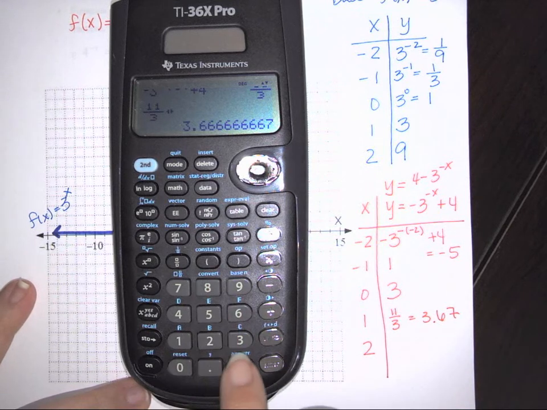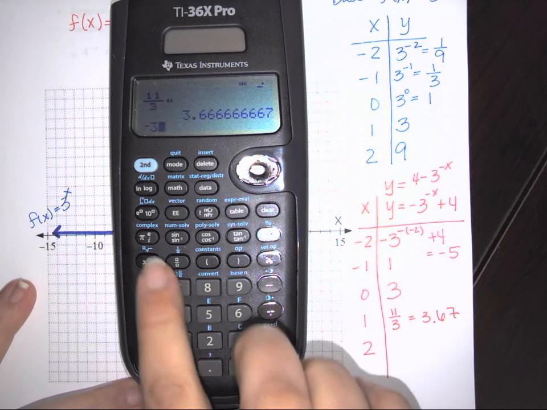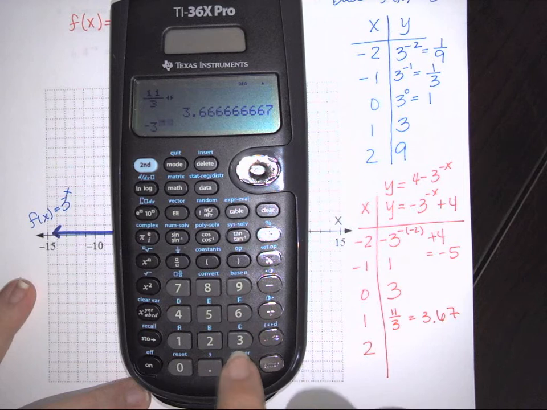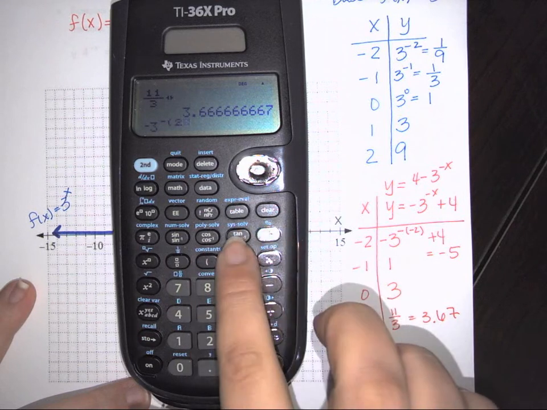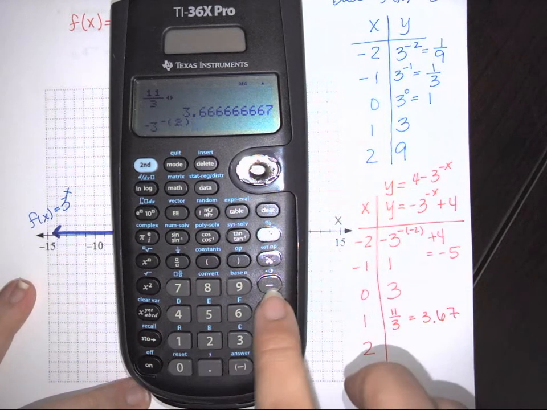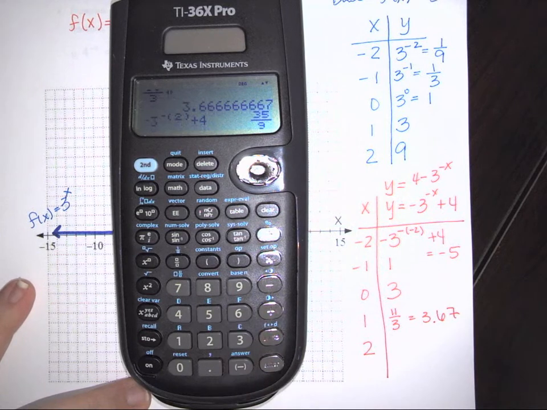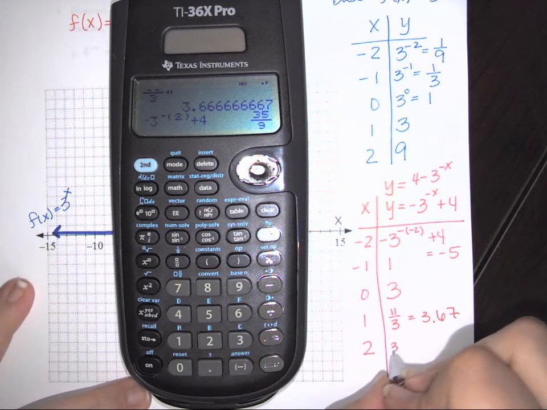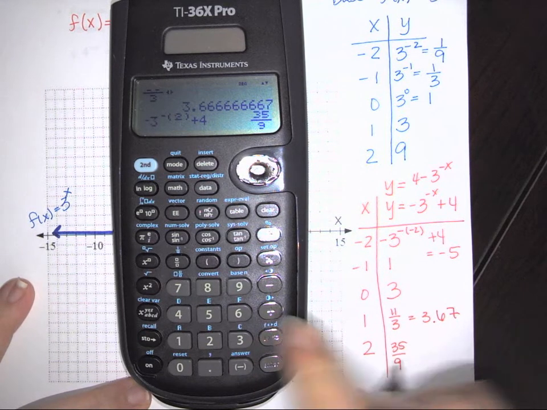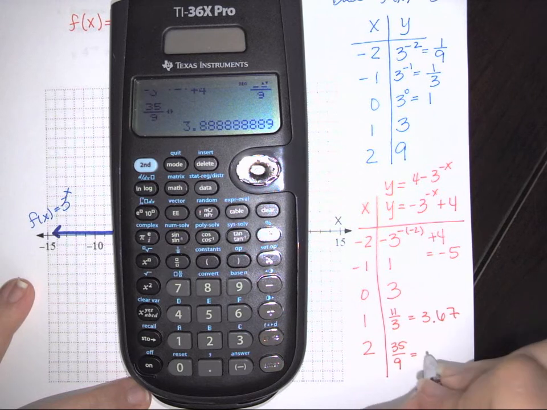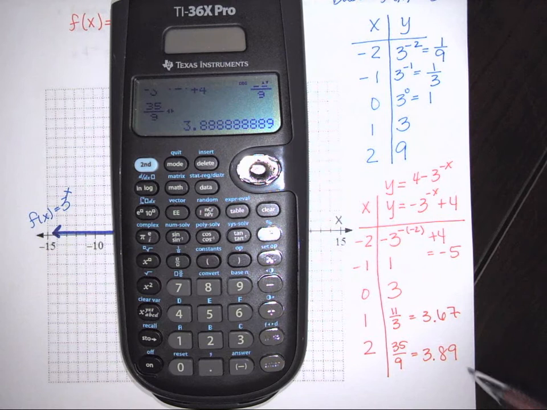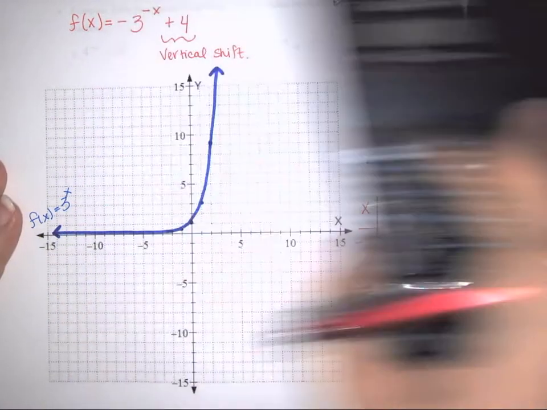And then I'm going to do it one last time, negative 3, raise it to the negative of 2 plus 4. So here I get 35 over 9. Again, I'm going to change it, which is going to be 3.89. So you should notice here that we are getting infinitely close to 4.